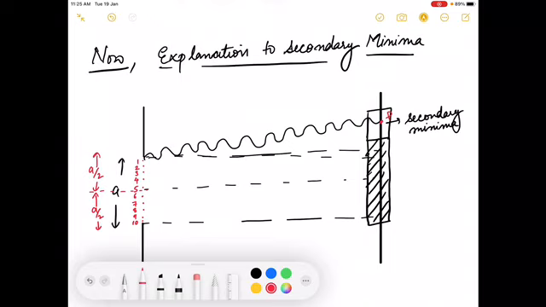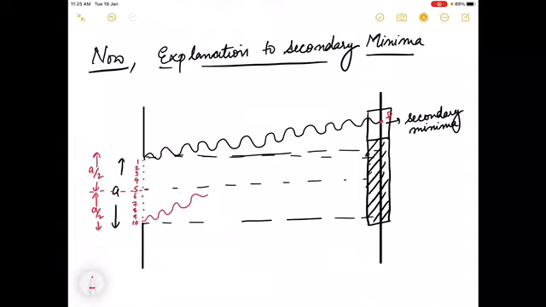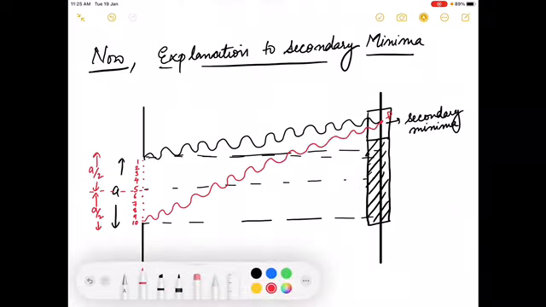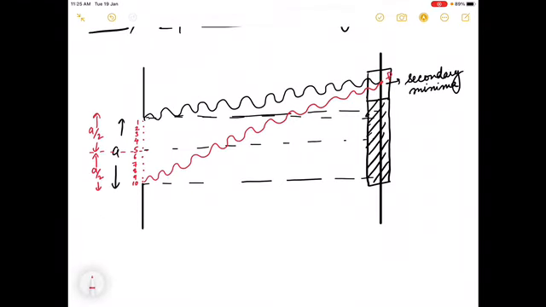Then the 10th wave is going to meet there, right? And so on. And we can clearly see from these two points that there will be some path difference, right?